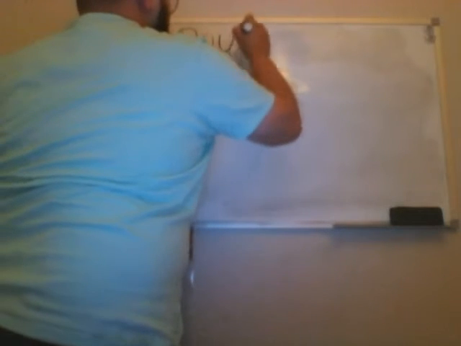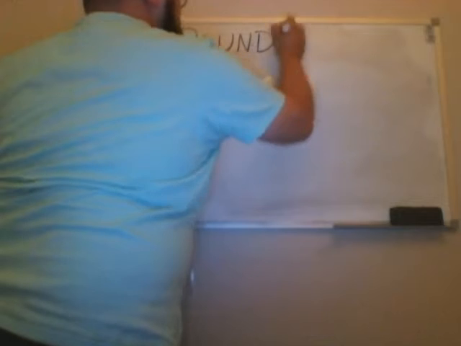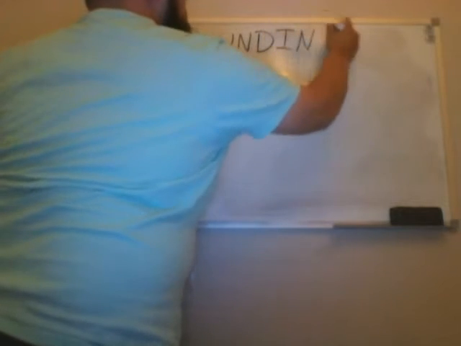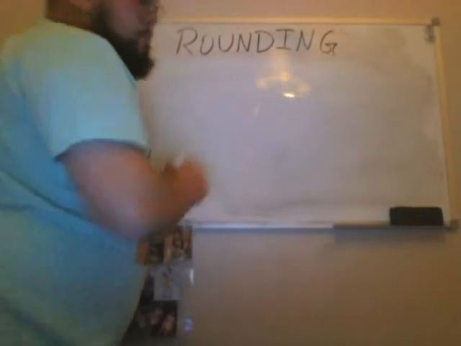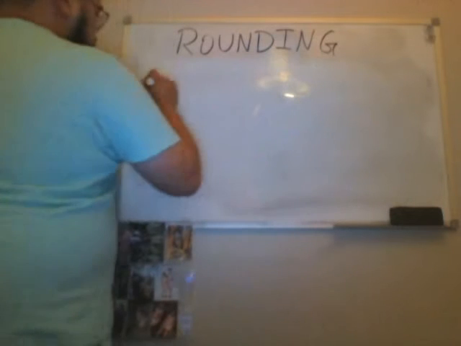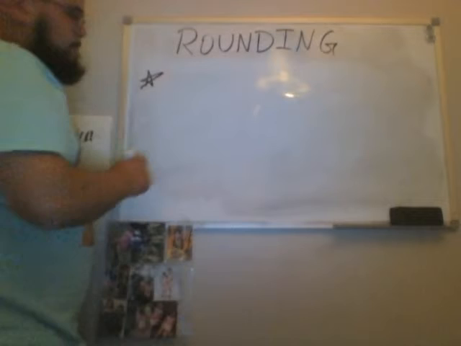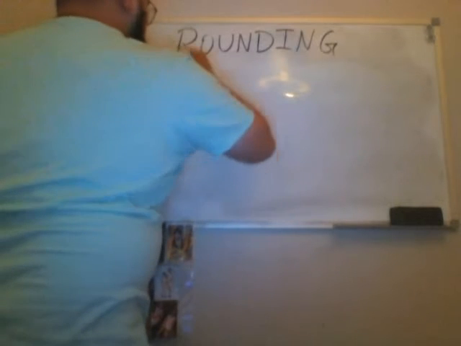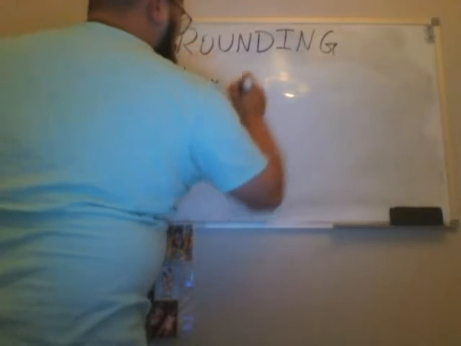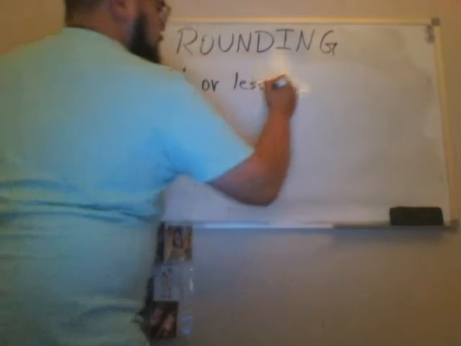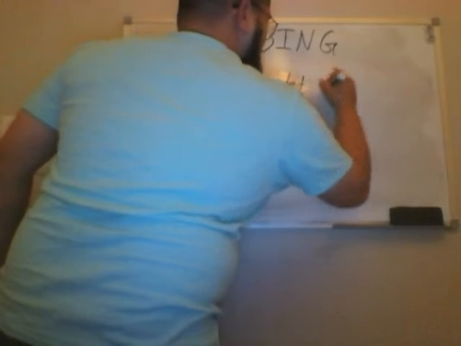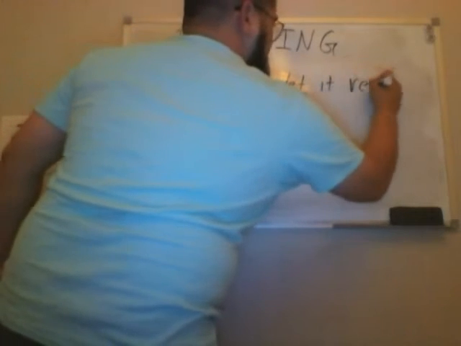So here we go. Rounding. Okay, it says rounding. And the first rule is this: you got to have these two rules memorized to do this well, okay? So the first one is, and you've heard these before, 4 or less, let it rest.